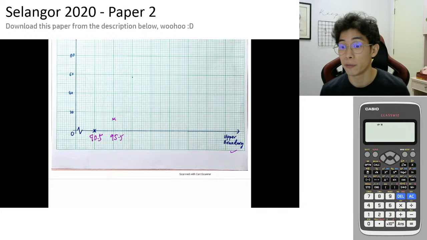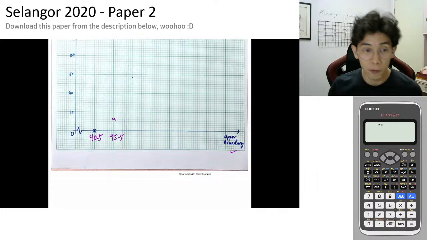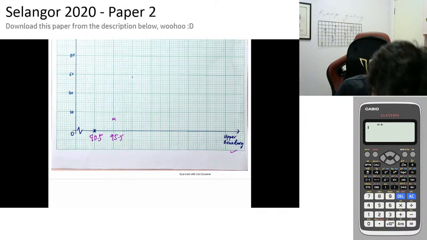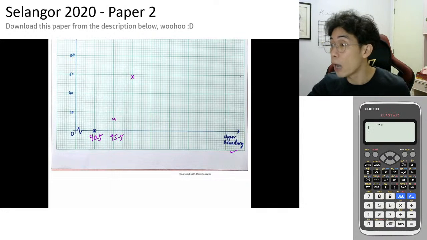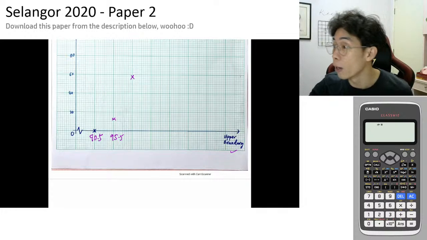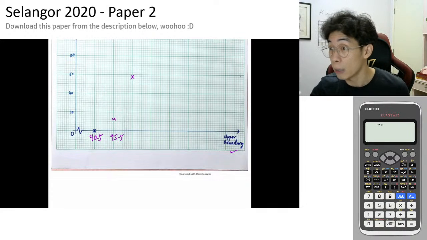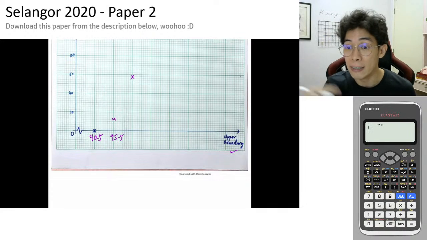Then of course you fit them one by one. The next one you put a cross here, then after that you fit the relevant upper boundary. The next one is 57, right? You read the table and fit one by one, it will be easier.